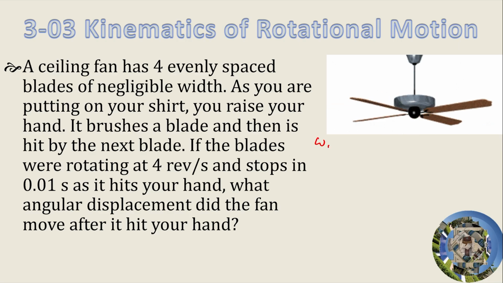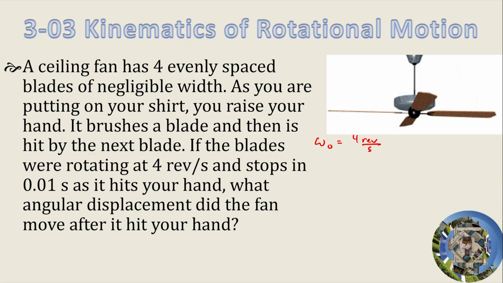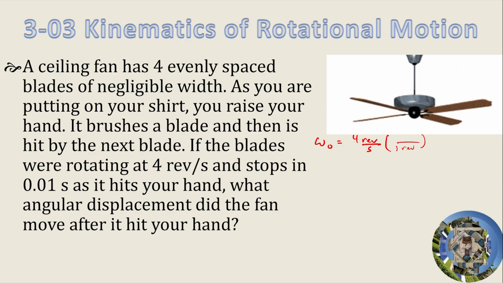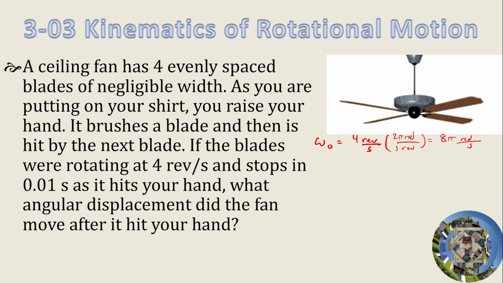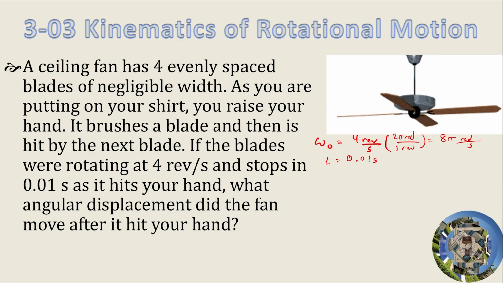Well, we know our initial velocity is 4 revolutions per second. Convert that to radians, so it'll be 8 pi radians per second. And our time is 0.01 seconds. And we want displacement.